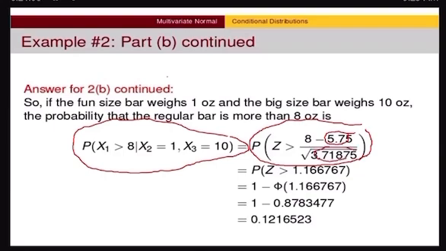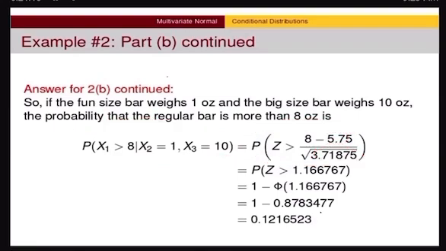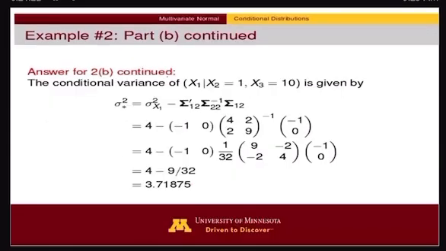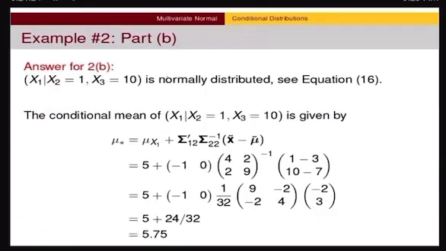And that was what we derived. We derived the conditional mean, we derived the conditional variance, and every other thing that we do stays the same. And look at what we got here.